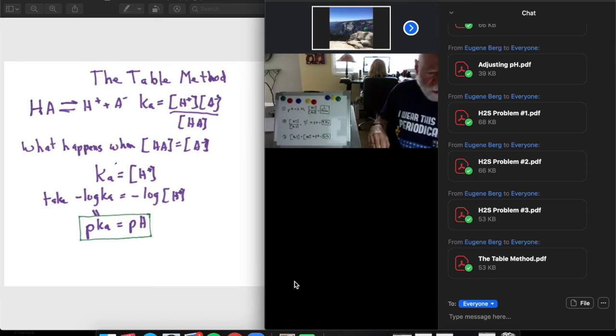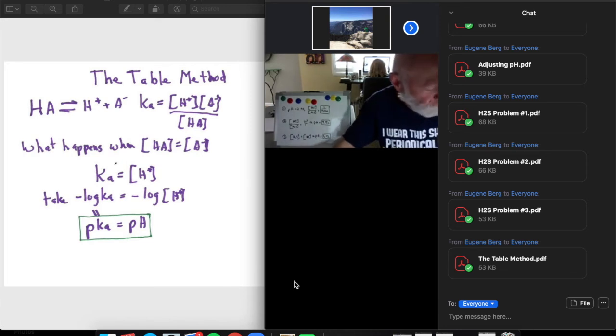Now, when you first learn about the table method, what you want to do is get 4 rows. So let me show you what I mean by the 4 rows.